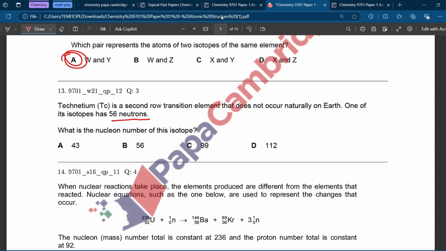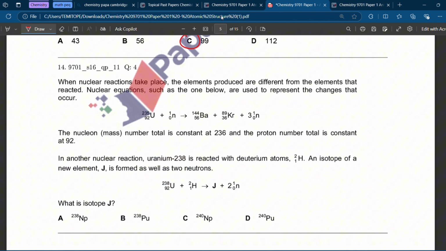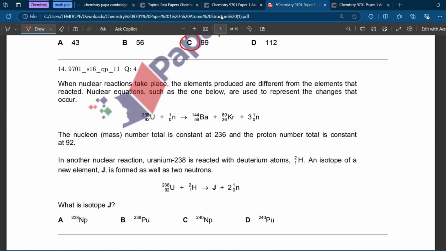Okay. Technetium is a second row transition element that does not occur naturally on Earth. One of its isotopes has 56 neutrons. What is the nucleon number of this isotope? Okay, it has 56 neutrons. Okay, so what is the nucleon number? Nucleon number is just adding this and its proton number.